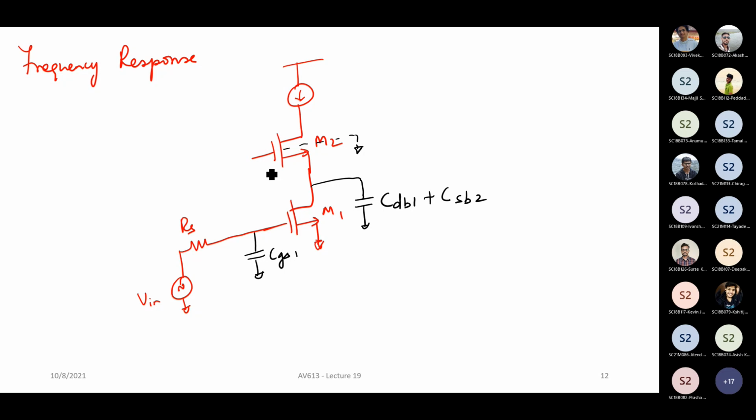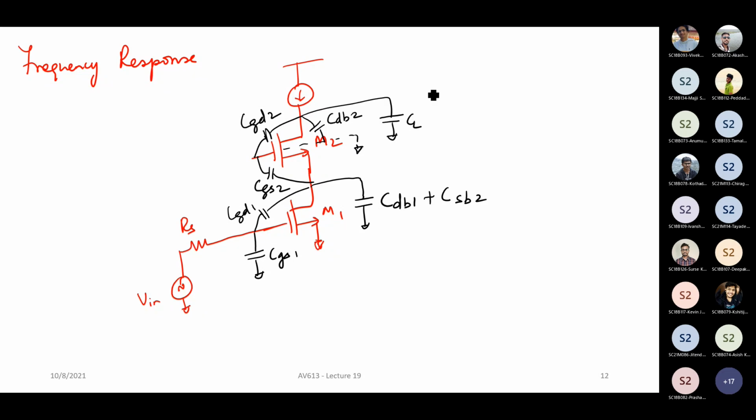And not only that, you will have CGS2 here, you'll have CGD2 here, you'll have CDB2 here, right? And here also you'll have CGD1. Okay. Now in addition, you'll also have the load capacitance here.